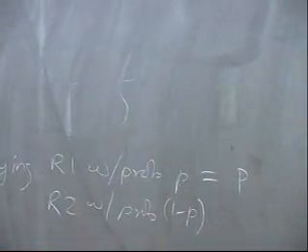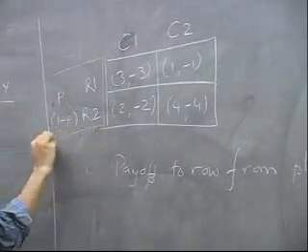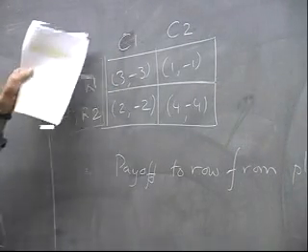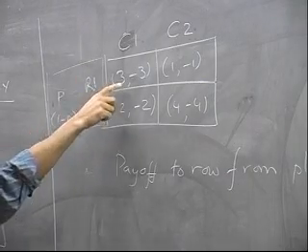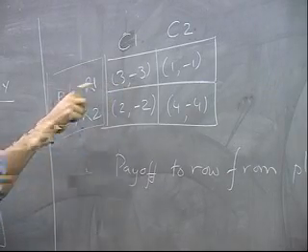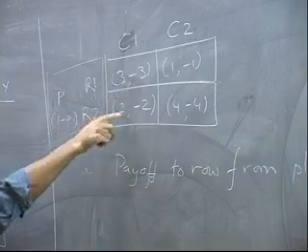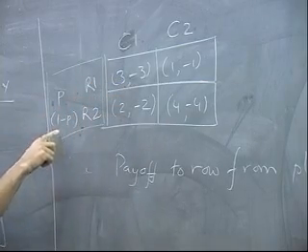So let's say you're playing this particular mixed strategy, P and 1 minus P, and the column plays C1. Then row is going to get a payoff of 3P if column plays C1, and 2 times 1 minus P. So 3P plus 2 times 1 minus P.